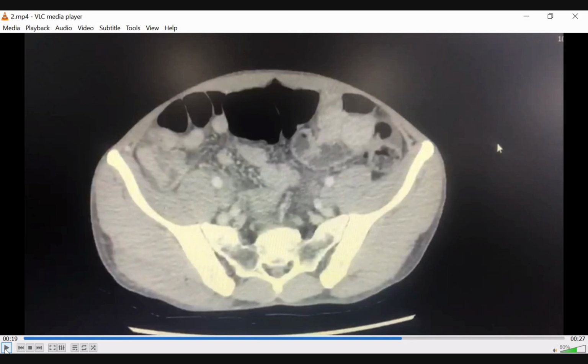What are you looking for at this level? Dr. Ganesh answered this last time; he gave you the description. Poor quality CT scan.